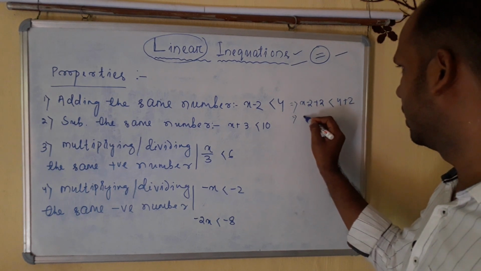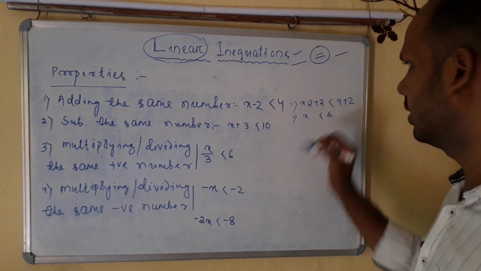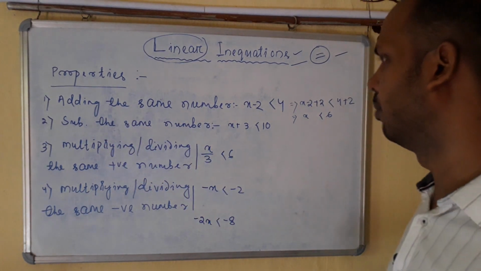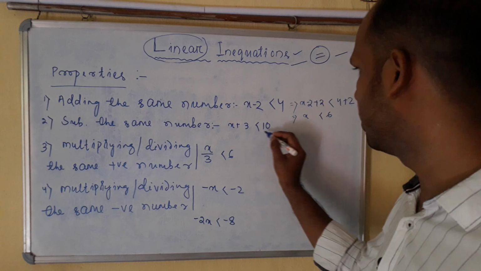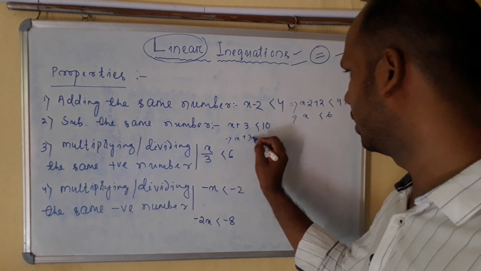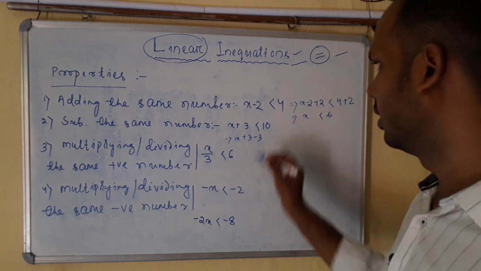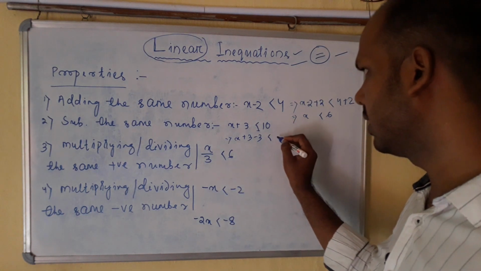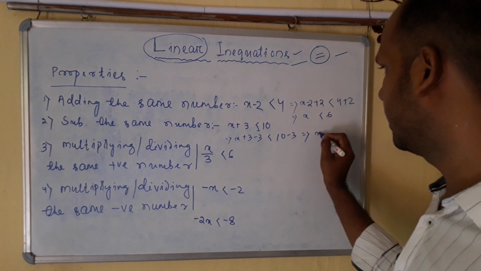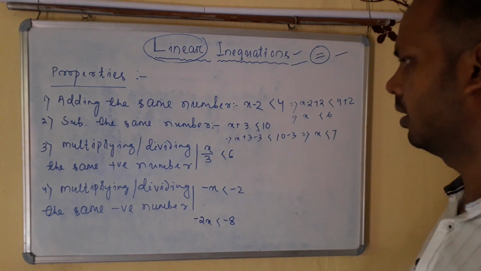This implies x is less than 6. Next, when we are subtracting the same number, if I say x plus 3 minus 3, the sign will remain the same, less than 10 minus 3. This implies x is less than 7.